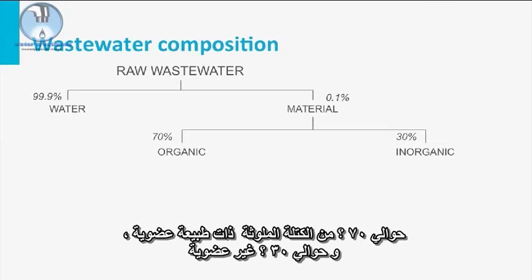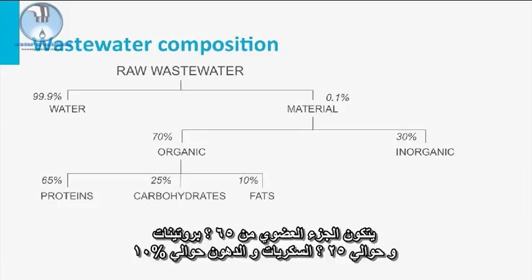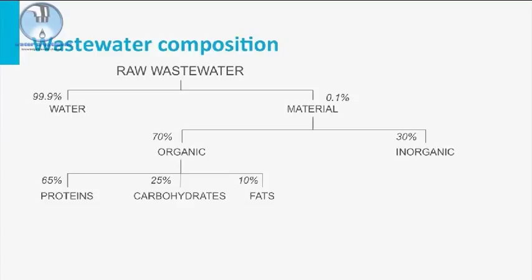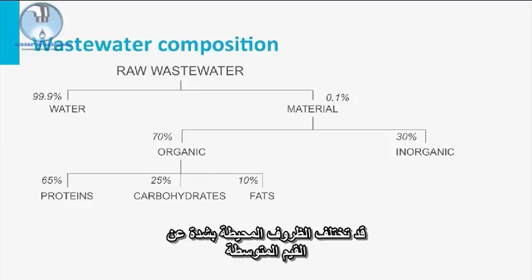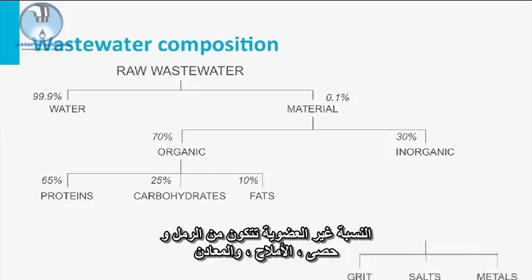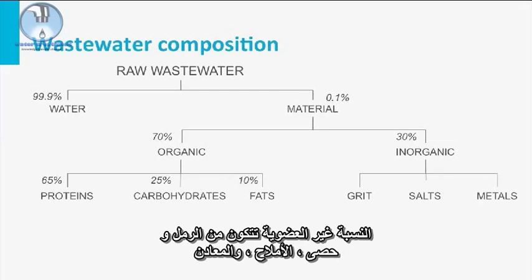Of the polluting mass, about 70% is of organic nature and about 30% is inorganic. The organic fraction consists of 65% proteins, about 25% sugars and about 10% fats. Local conditions may differ distinctly from these average values. The inorganic fraction consists of sand and grit, salts and metals.